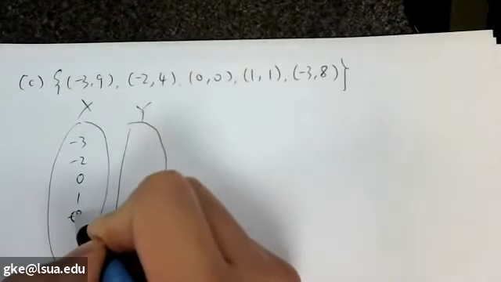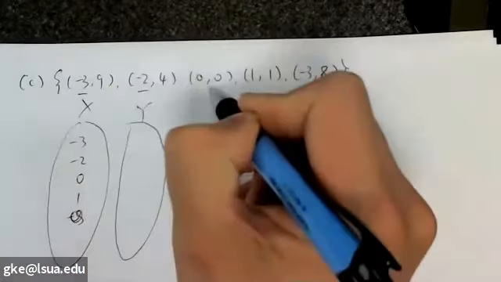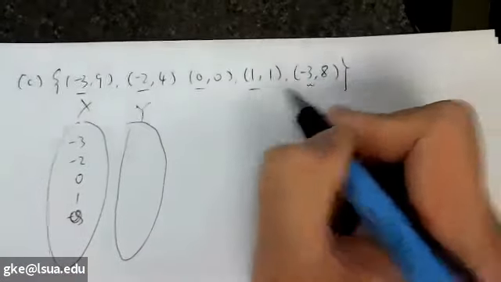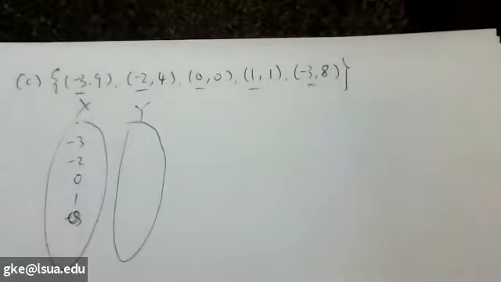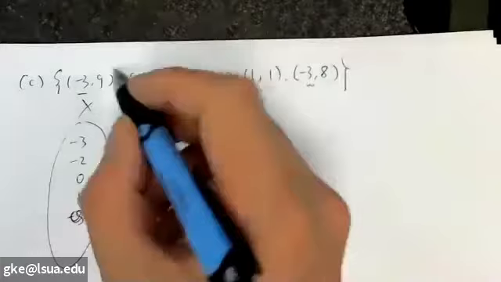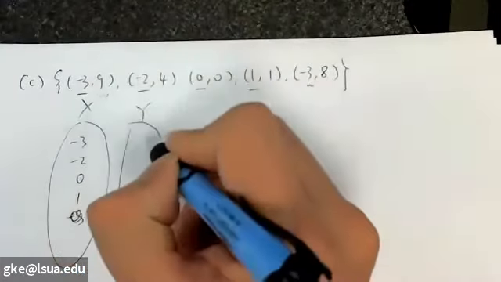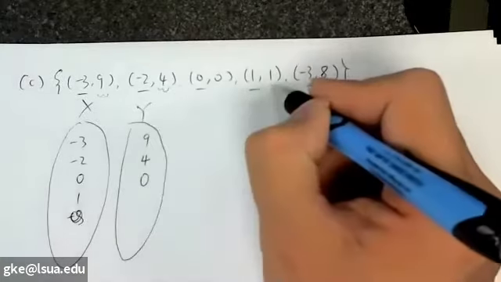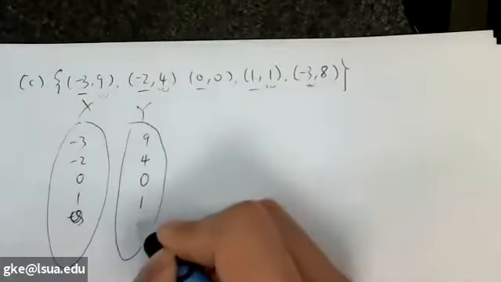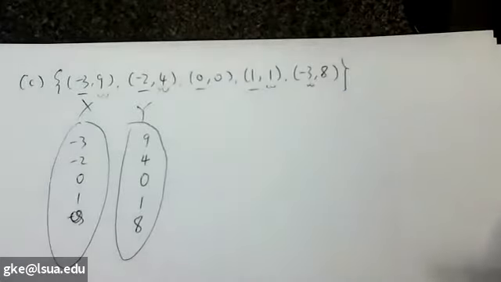Oh, sorry, -3, -2, 0, 1. We have a repetition for the -3, so we just copy 1. We have a range of 9, 4, 0, 1, 8.